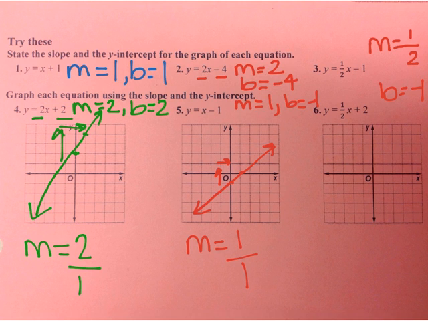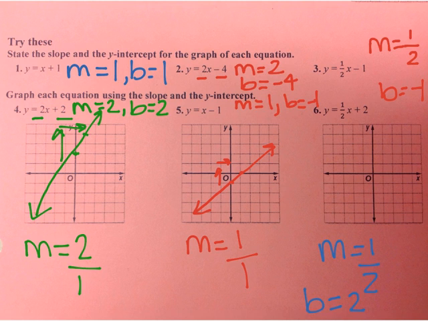Alright, lastly, y equals 1/2 x plus 2. Remember, my slope is 1/2. So we already have my rise over run in this case. And then we said that my b value, which is my y-intercept, is going to be positive 2.